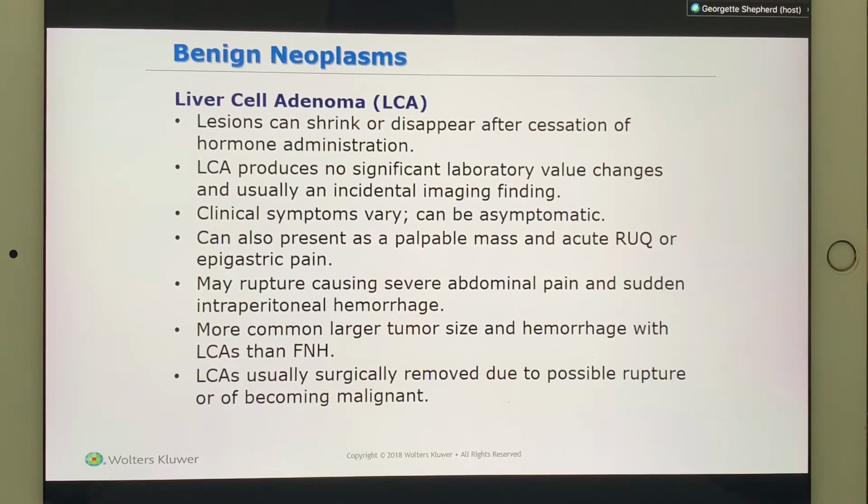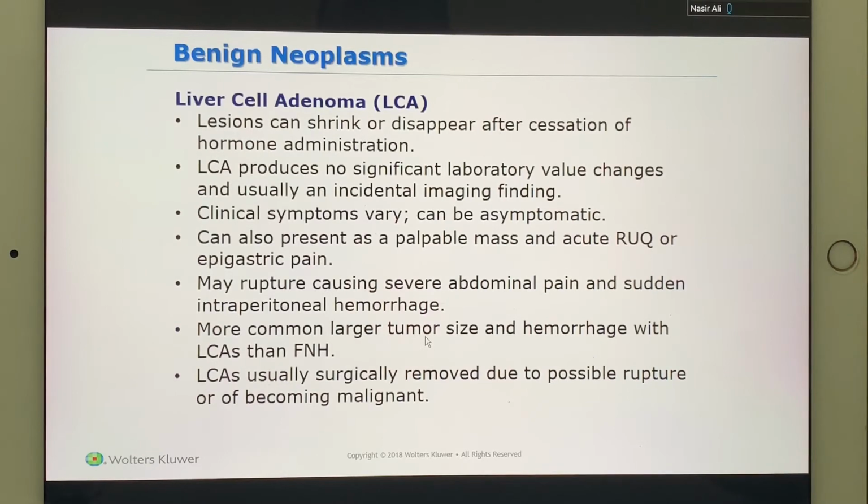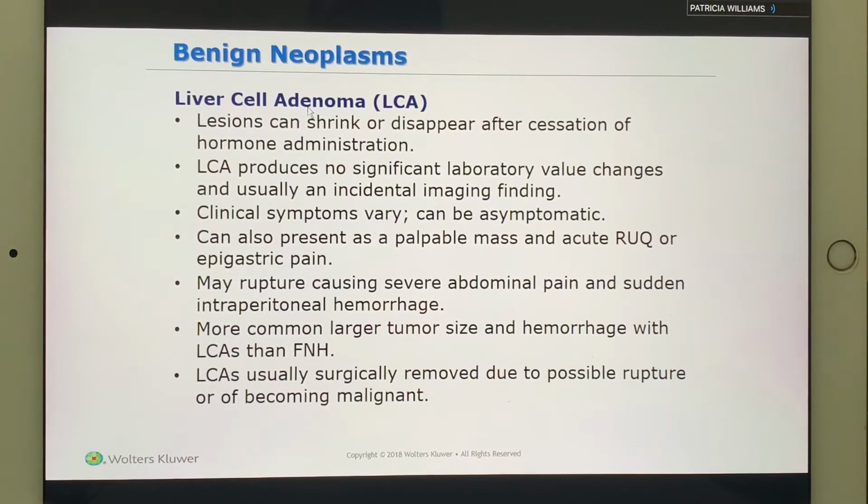It can cause right upper quadrant epigastric pain, the same as what you have with gallstones. Liver cell adenomas are usually going to be removed due to possible rupture or becoming malignant. Even though they're not malignant, they can become malignant.